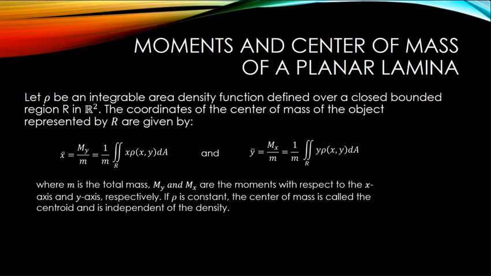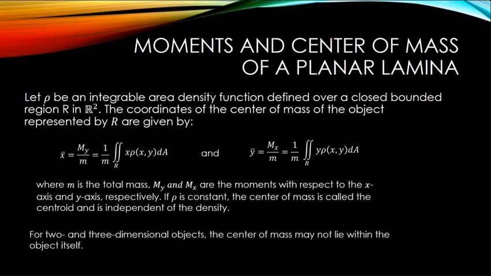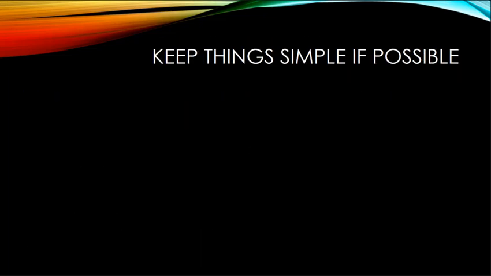When my density rho is constant, the center of mass is called the centroid, and it is independent of the density itself. For two- and three-dimensional objects, my center of mass may not actually lie within the object itself. In order to work with center of mass, we want to keep things as simple as possible.